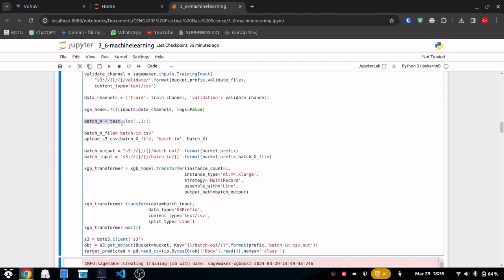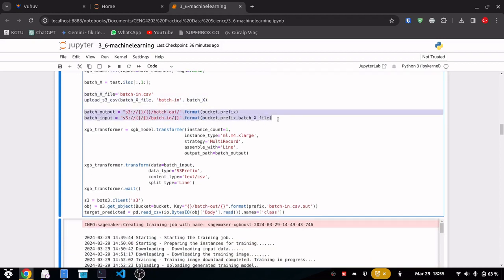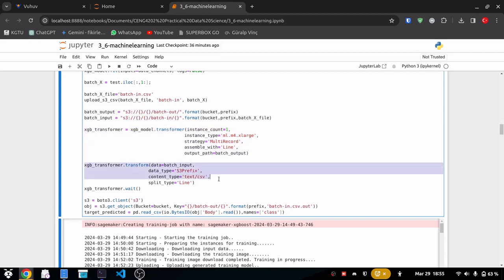train our model, and we are getting our batch, and we are removing the labels, of course. So this is a batch file name, and we are uploading it. The batch outputs are located in here. So the XGBoost transformer will then transform our model.